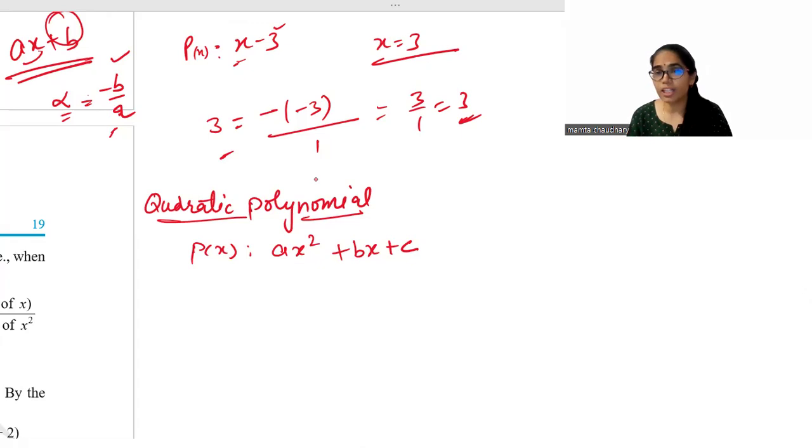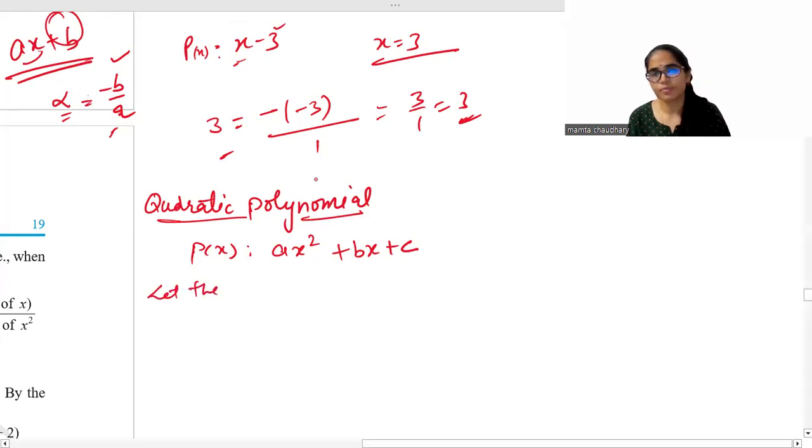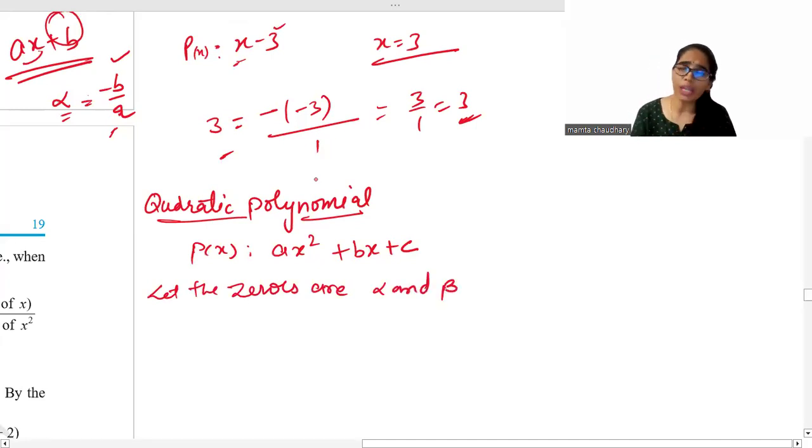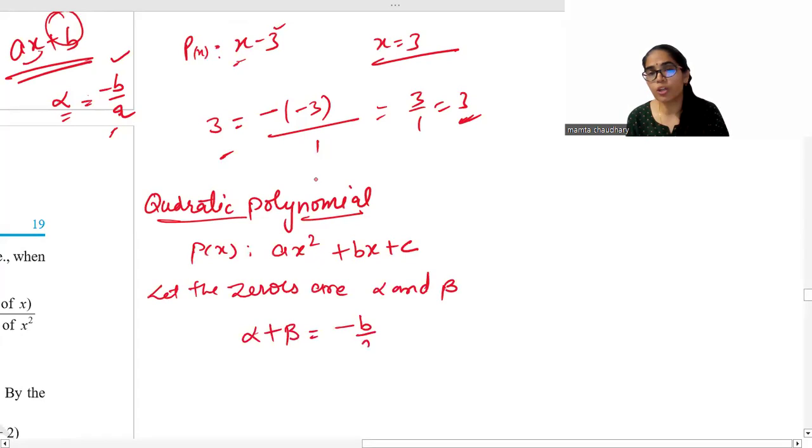As it is a quadratic polynomial, the number of zeros will be 2. Suppose the zeros are alpha and beta. Then the sum of zeros will be minus b upon a, and second, the product of zeros will be c upon a.